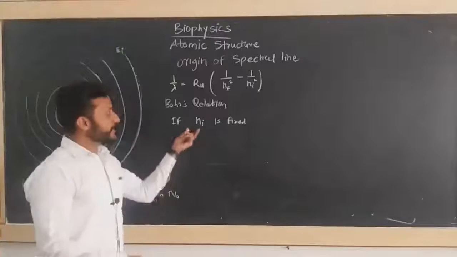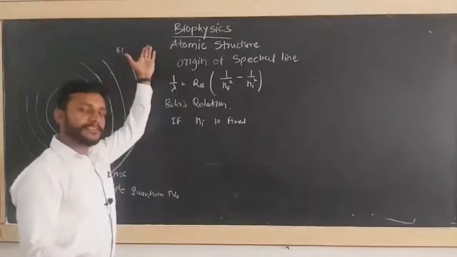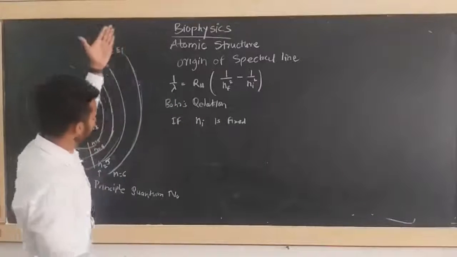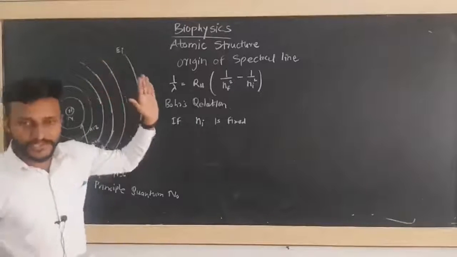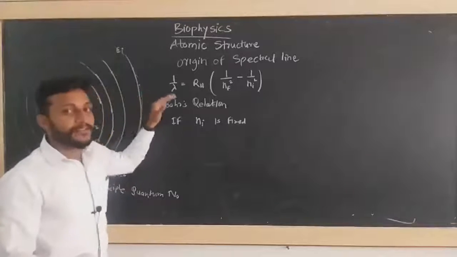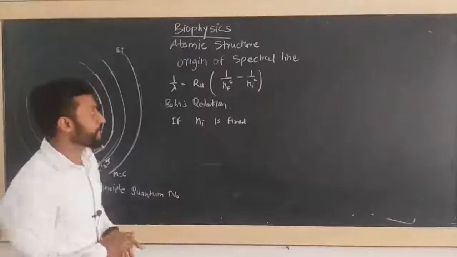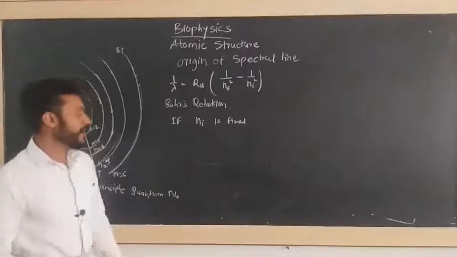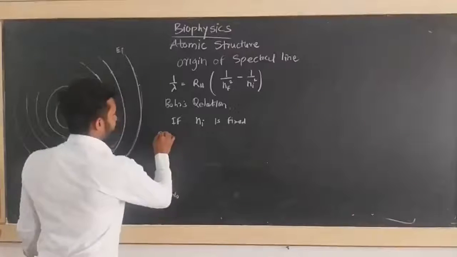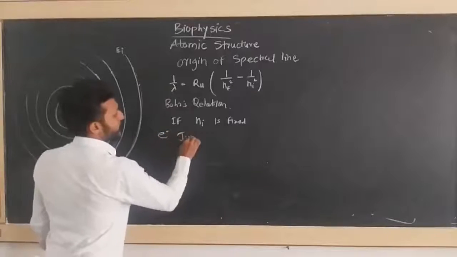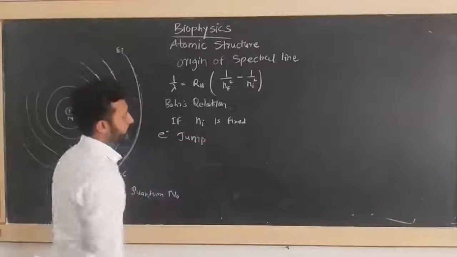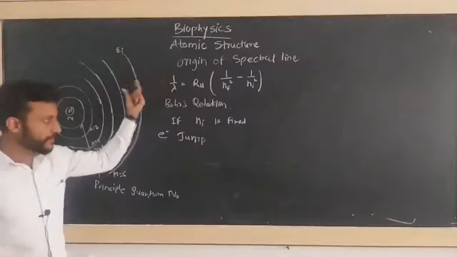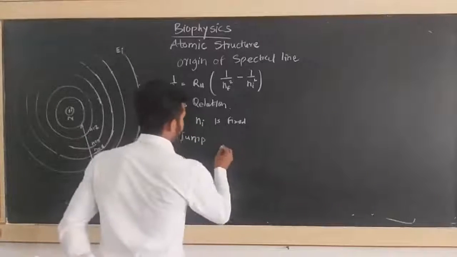So if we fix the initial state, while the electrons jump from the initial state to the final state, during that de-excitation the spectrum is coming out. So that we are going to discuss here. If n is fixed and the electrons jump from the fixed energy orbit to the variable energy orbit.